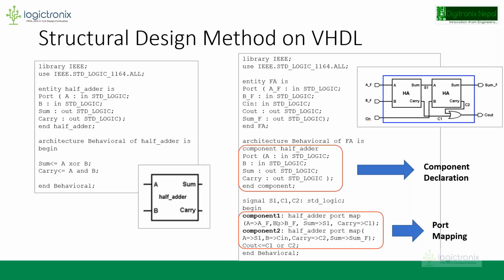Basically, we have one component and two different modules called in the main architecture of the full adder. We have one half adder declared, and we utilize that half adder two times. This structural design method allows us to utilize the code multiple times. This is the very nice beauty of the structural method.